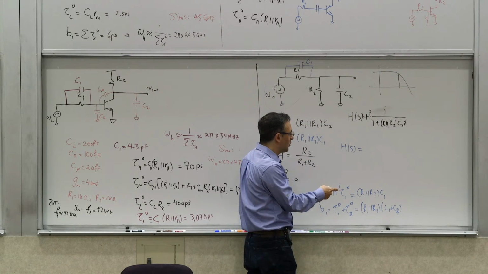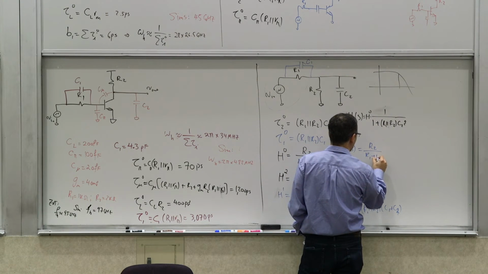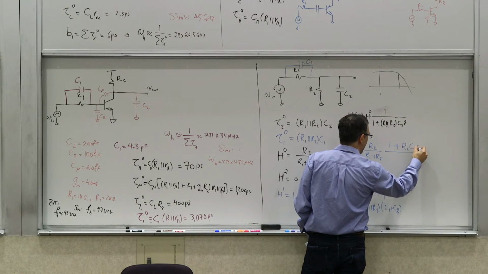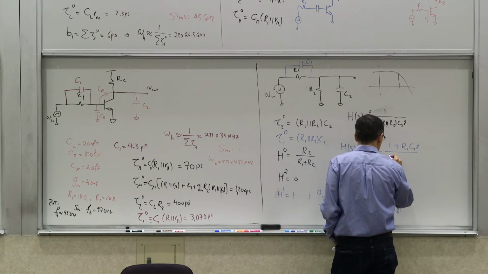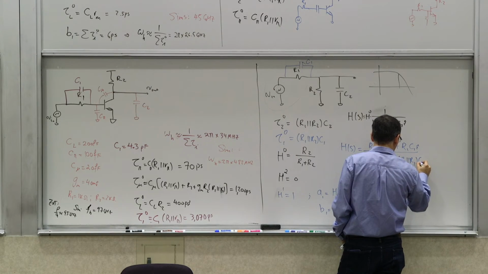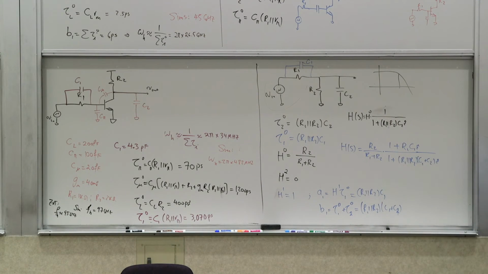If you factor out that R2 over R1 plus R2 part, what's left in the numerator is simply R1 C1 s, and the denominator is 1 plus R1 parallel R2 times C1 plus C2 times s. So that's the transfer function in terms of the parameters of the circuit.